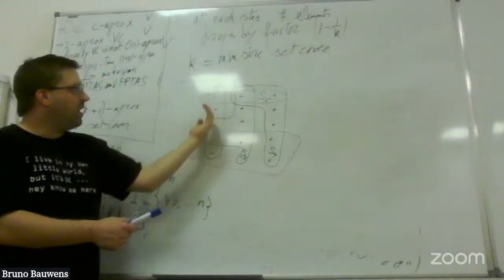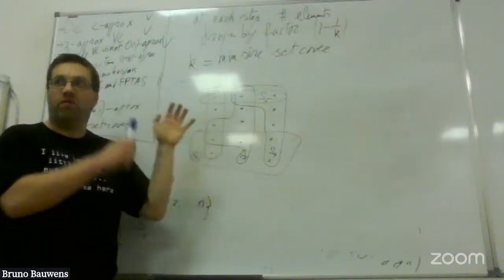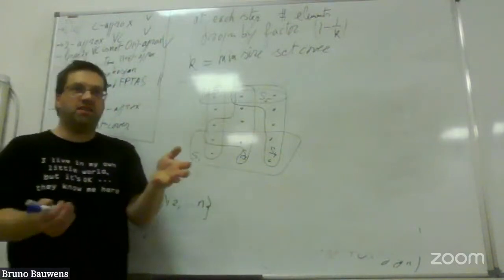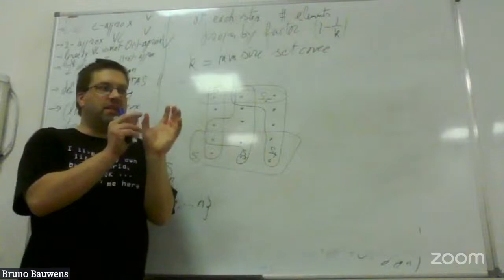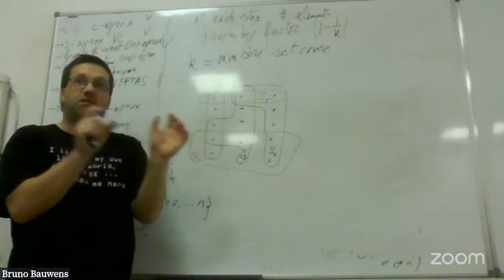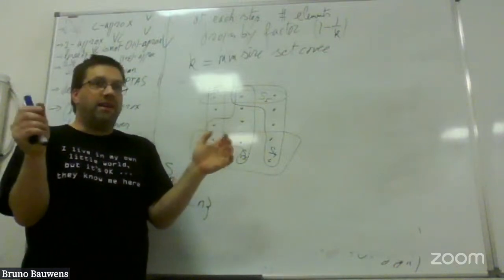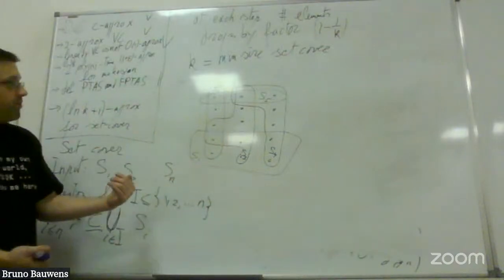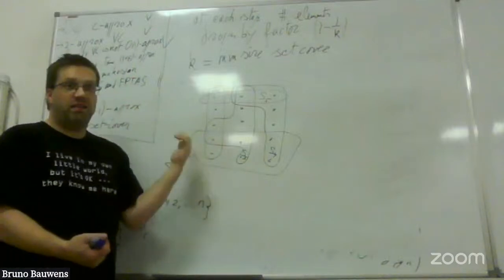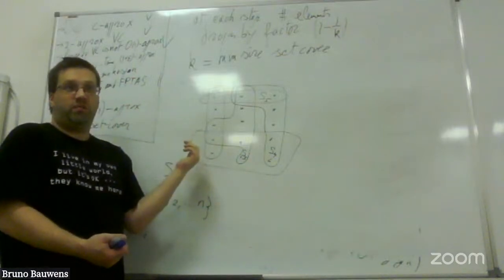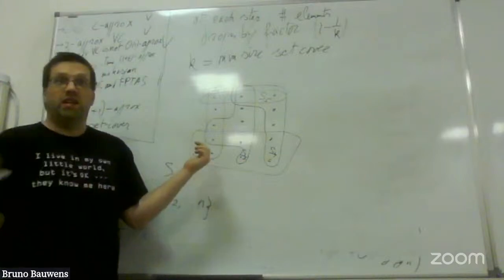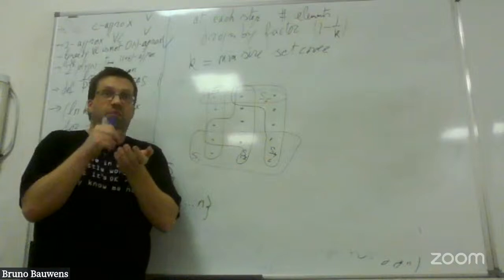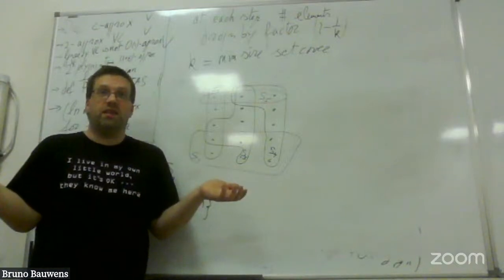So what is the argument? There are k sets that cover all the elements. He says in the worst case, the k sets are disjoint, and they each have 1 over k of the elements. In other words, there must be at least one set with at least 1 over k of the elements, because if all the sets have strictly fewer than that, then we don't have enough elements in the k sets to cover everything.